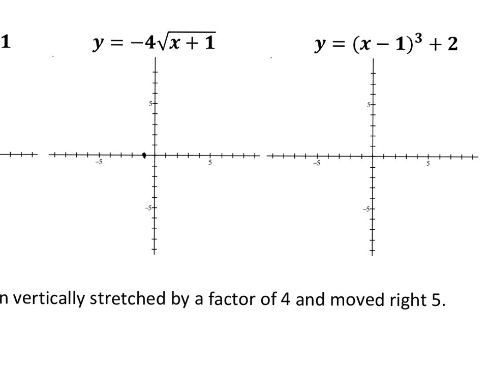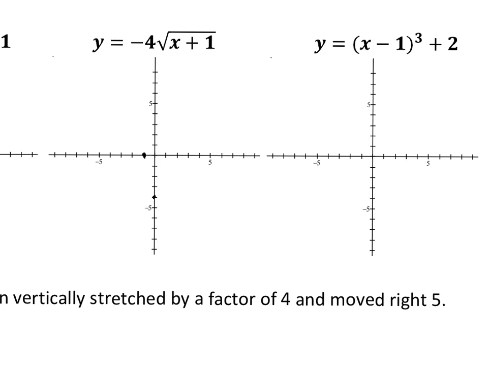-4, right? Because 0 plus 1 is 1, square root of 1 is 1. -4 times 1 is -4. Okay, now I'm going to pick x as 3. So if x is 3, what's y? All right, 3 plus 1 is 4.